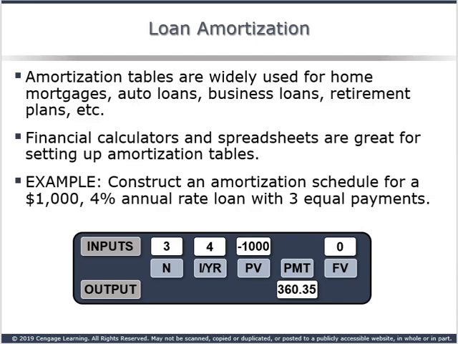And so we see here, we have an example of a $1,000 loan at a 4% annual rate with 3 equal payments. Now you'll see the illustration here is actually the financial calculator buttons, which you'll see in the textbook. And so we see N as that 3, I/Y is that 4%.